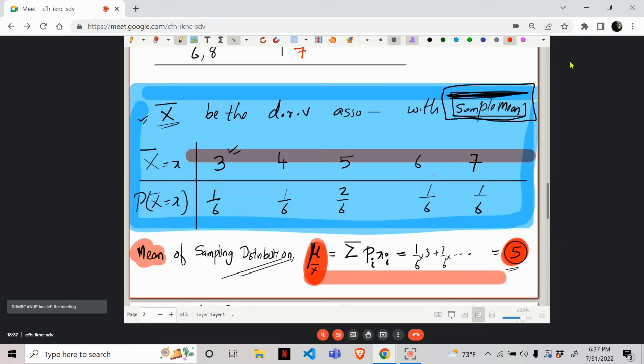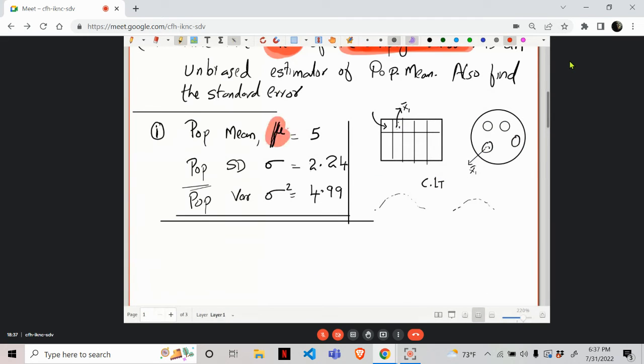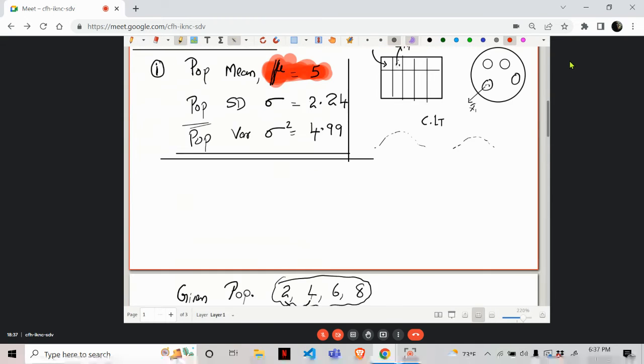Where did he make this table from? From the samples, right? And isn't it matching with the population mean? 5. And that is why it is called an unbiased estimator. What do you call it in Nepali? Just take it as something like that. You say right, same value.